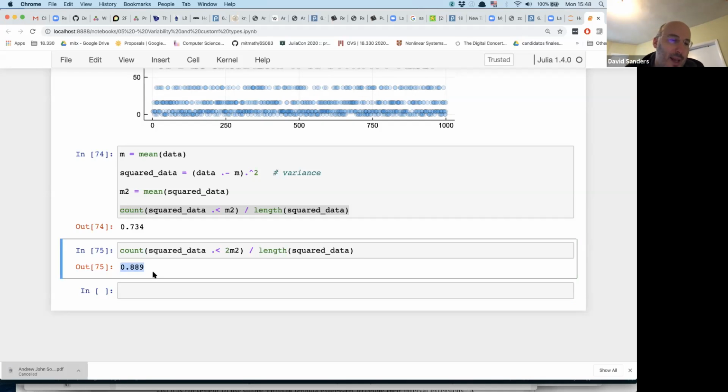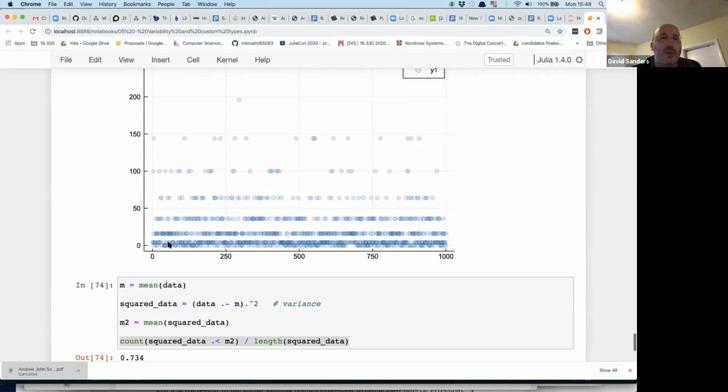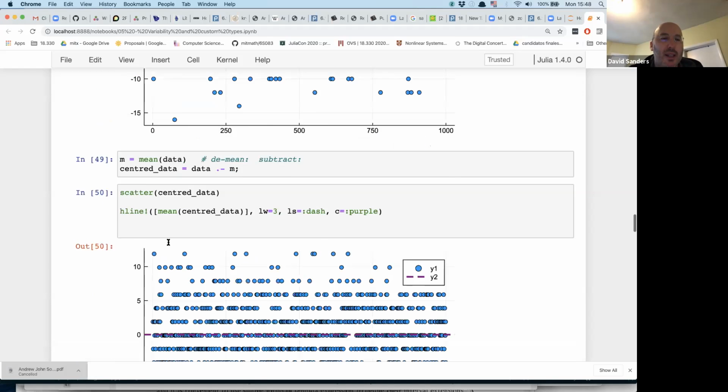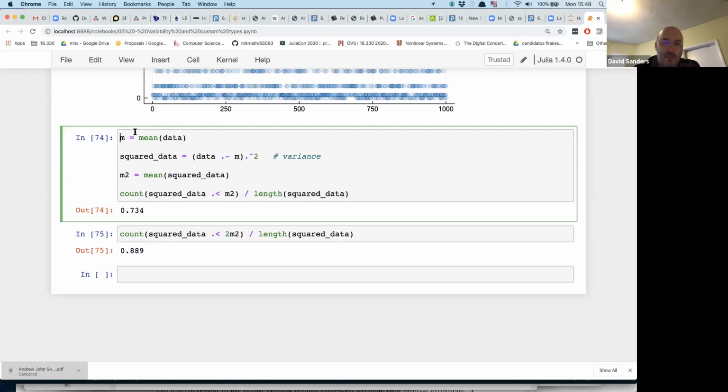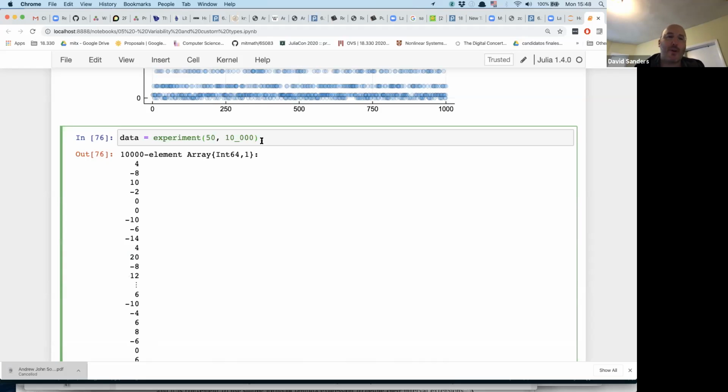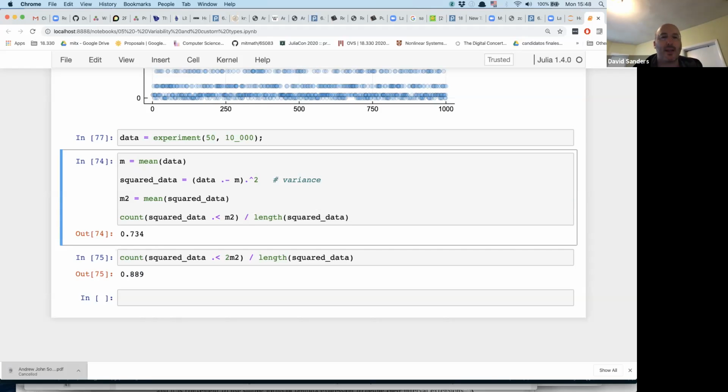There's something like 90% of the data. So we didn't actually take very much data, right? So maybe we should take some more data. So data equals run experiment. It was also because we only took 20 steps. So let's take 50 steps and 10,000 runs. Even though we take 10,000 runs, it's still almost instantaneous to run it, right?